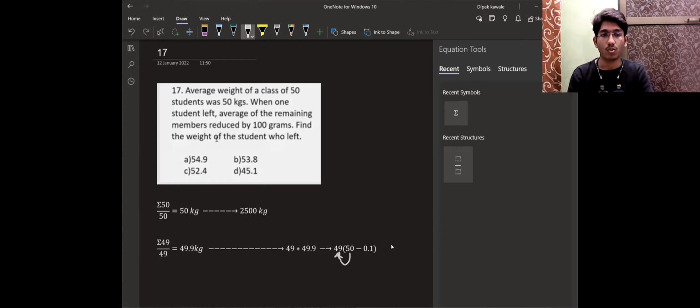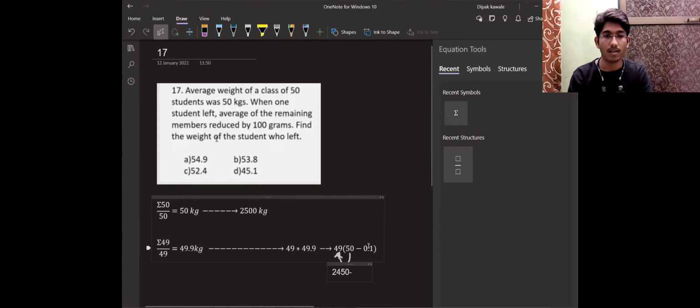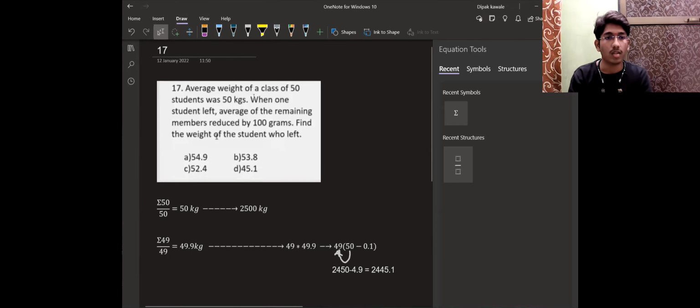Correct. So 2450 minus 49 into 0.1, which is 4.9. Correct. Now this becomes 2445.1.